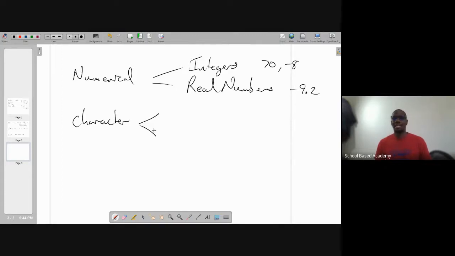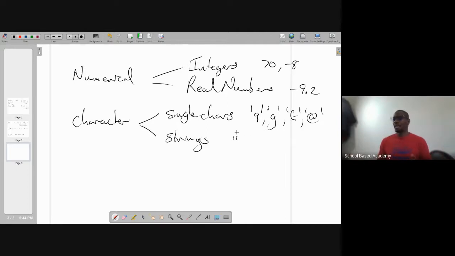Our character data type includes single characters and strings. Our single characters are any letter, capital, common, any symbol, or numeral. And then we have strings, which are collections of single characters all held together in one variable.